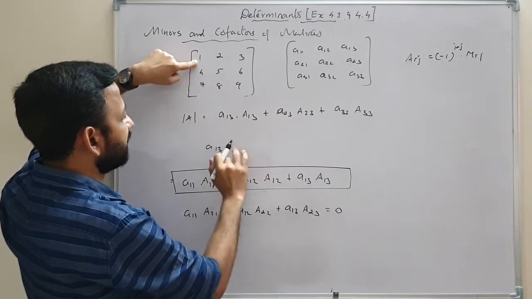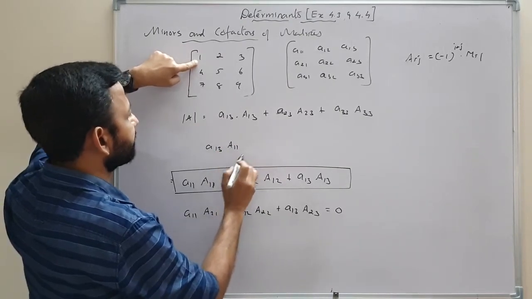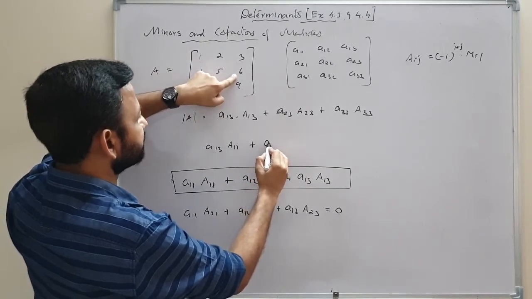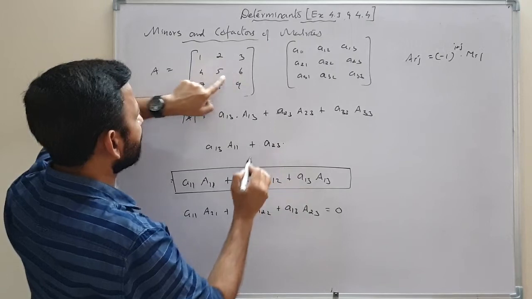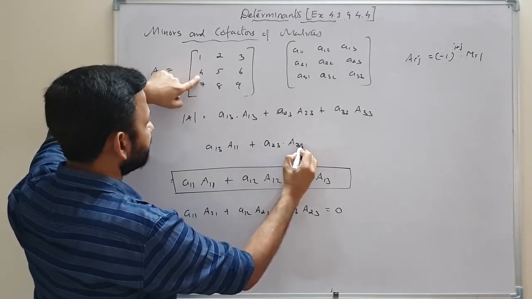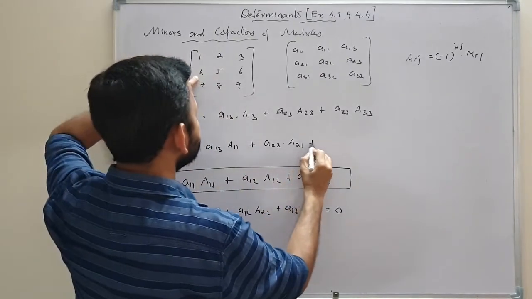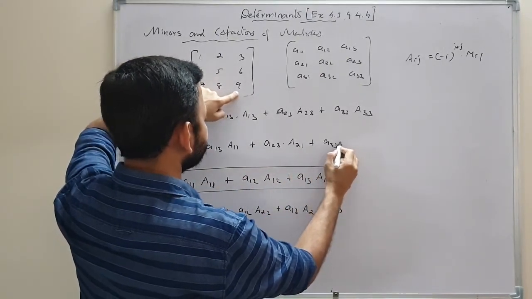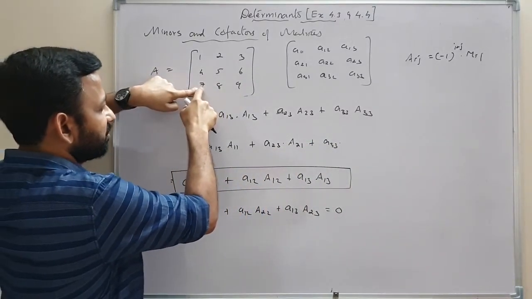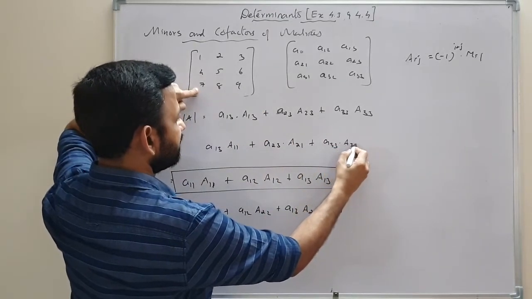That is A13 into A11 plus A23 into the cofactor of the first column, that is A21, second row first column, then plus A33 into the cofactor of the first column, that is A31.